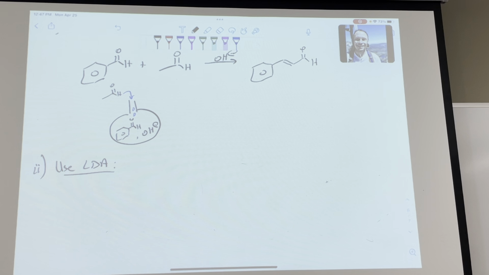Because remember, if you take an aldehyde or a ketone and you give it LDA, LDA can 100% enolize the aldehyde or a ketone. It's a very strong base. It can convert all of that into the enolate.